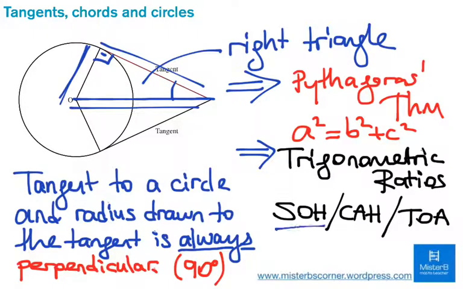You could use simple trigonometric ratios to find one of the side lengths once the other is given. Or you may have two sides given and be asked to find the angle here or here. There may be other combinations, and other circle theorems related to it. Now let's see some examples.